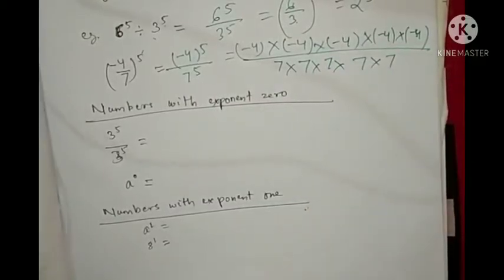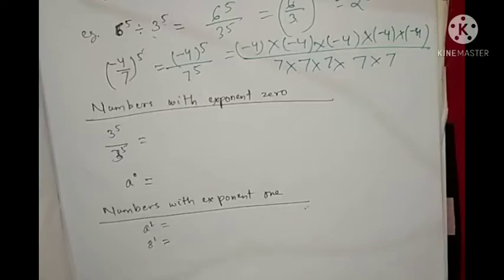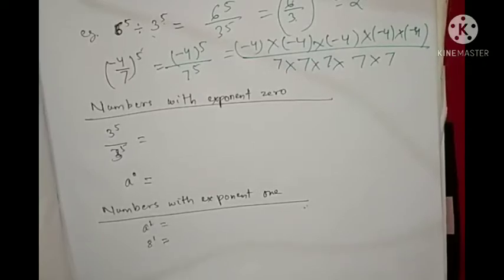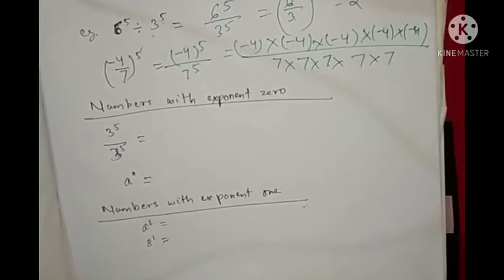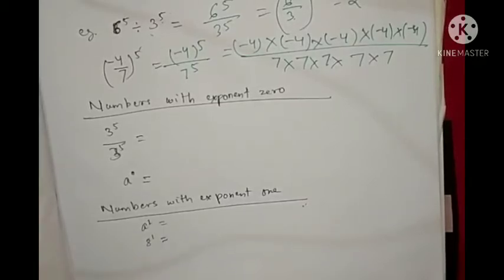Okay, so these are some rules for exponents. If multiplying the same base, then add the exponents. If you are dividing the same base, then you will subtract the exponents.